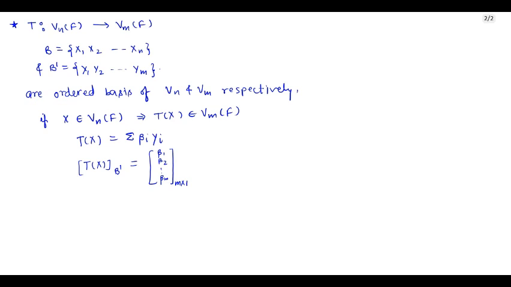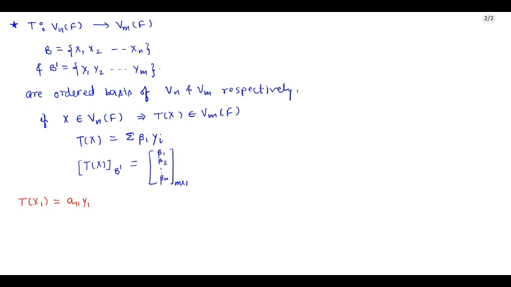If x1, x2, xn form a basis, they are linearly independent, but their images may or may not be linearly independent. The image T of x1 is a linear combination of the yi's; the image of every xi is a linear combination of the yi.